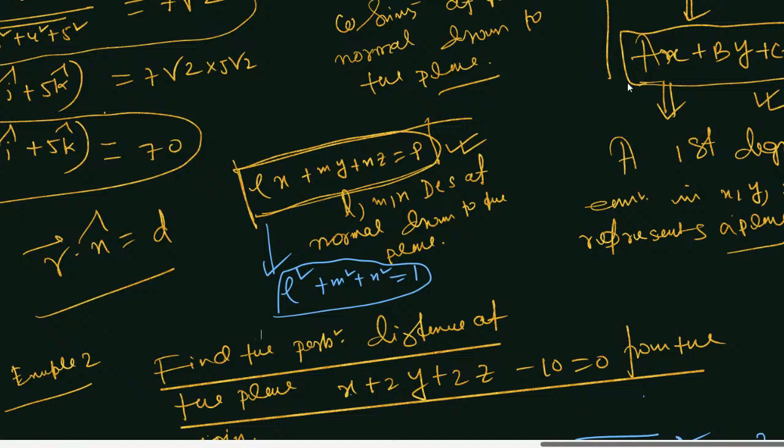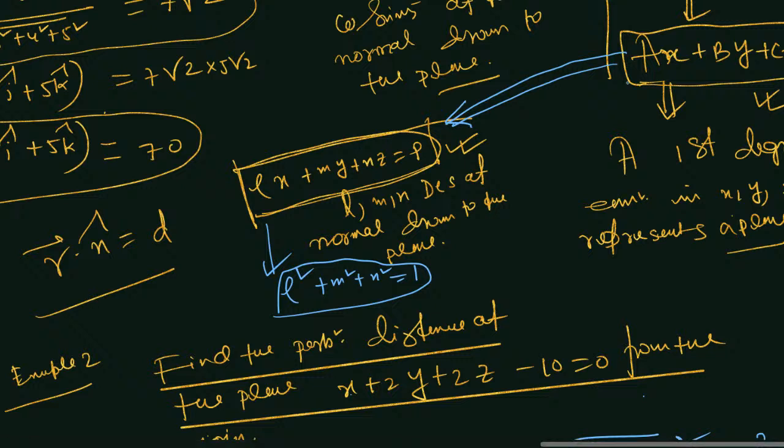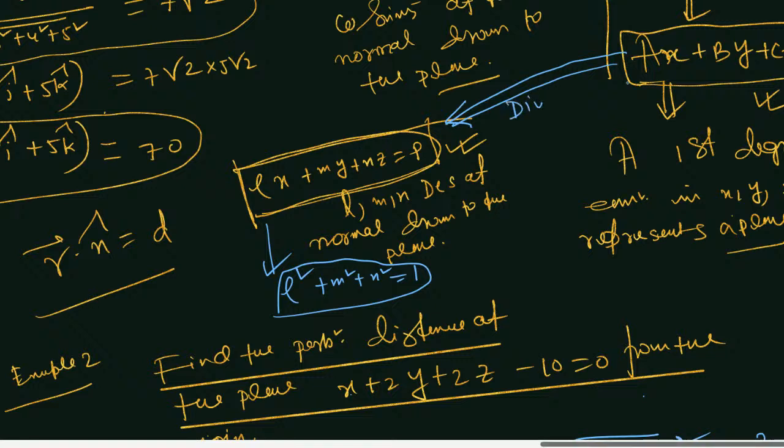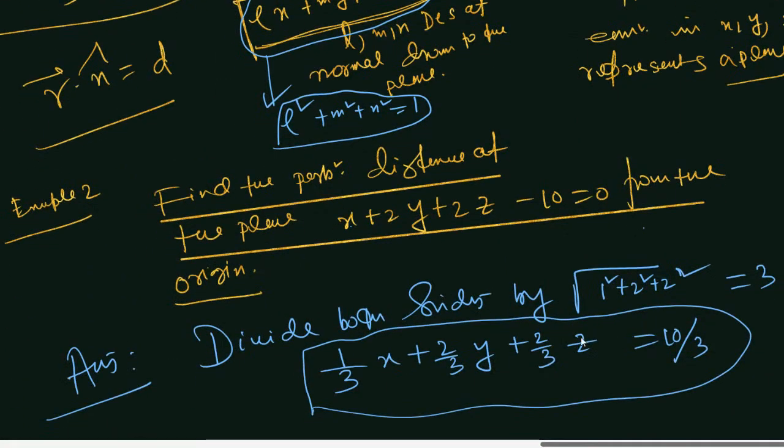In fact, I have discussed how to convert this general equation of the plane to normal form. To get this form, divide both sides by root over a square plus b square plus c square always. Then you will get this form directly. So I have done that only.